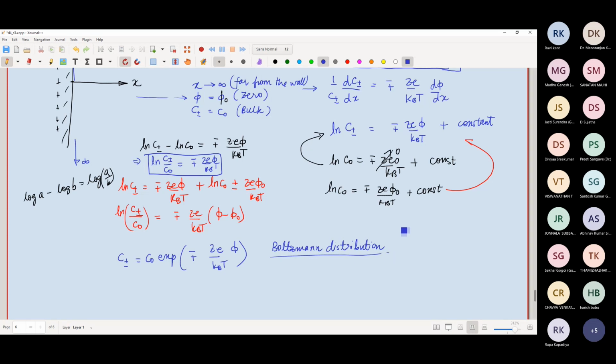This particular distribution is known as the Boltzmann distribution, and it does entail a bunch of different approximations that we have seen so far. But the most prominent approximation that I have not spoken about is that the ions, in whatever we have derived, are considered to be point sized.